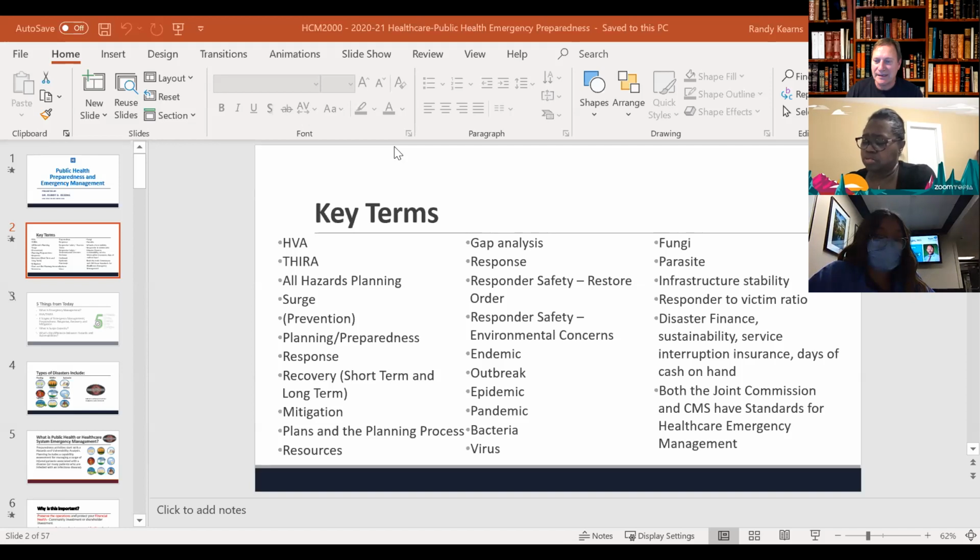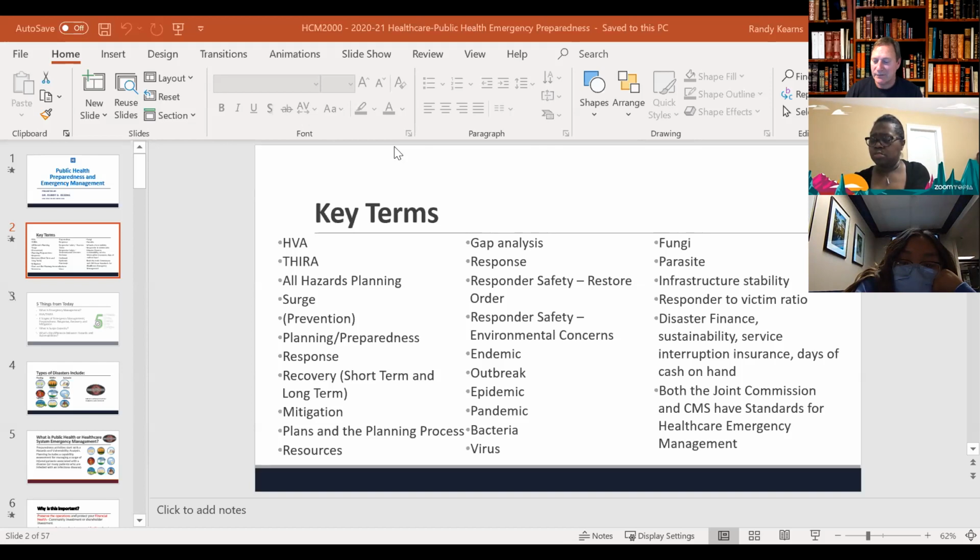Infrastructure stability and responder to victim ratio, those things are important when we talk about disaster planning and disaster preparedness. We've got to be able to understand the sustainability, the finance of this, how much cash is on hand, what type of interruption insurance do you have, and then who has an interest in disaster planning.